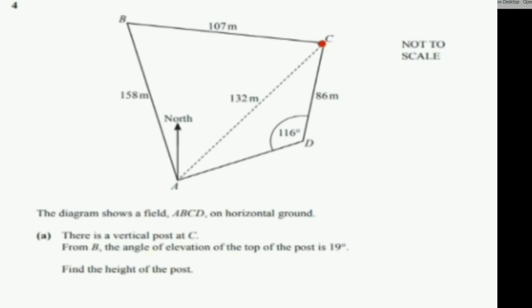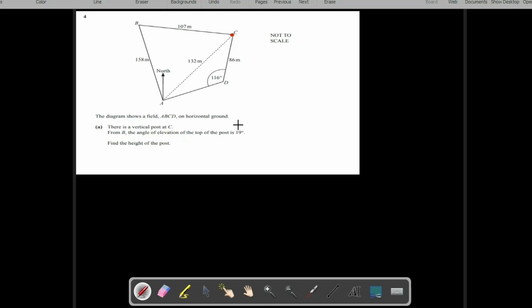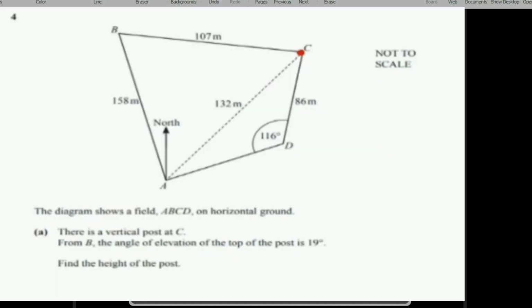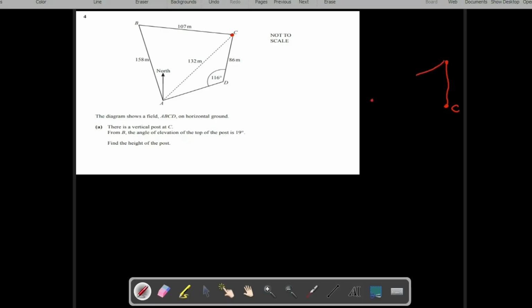There is a vertical post at C. Suppose this is C, this is the top, this is the post, and from B the angle of elevation, this is B, the angle of elevation is 19 degrees. The distance between B and C is 107. The question is, find the height of the pole.